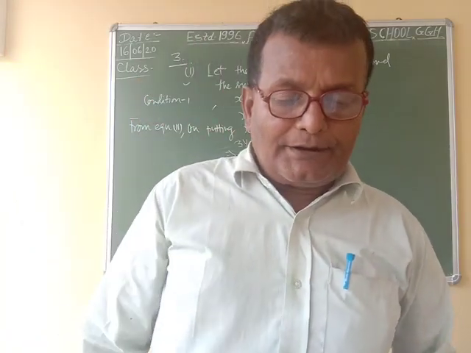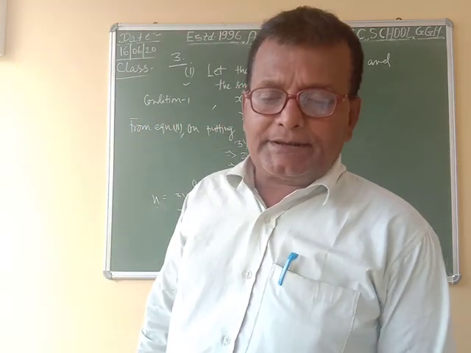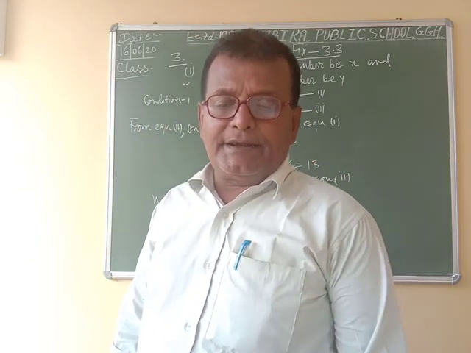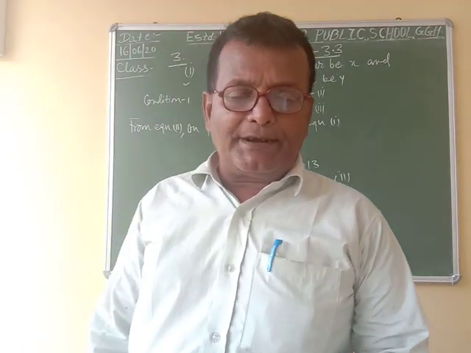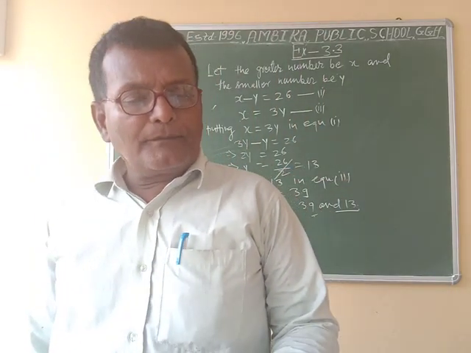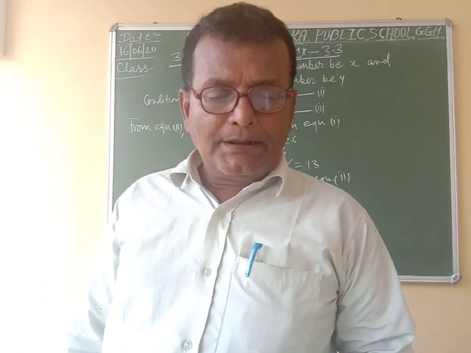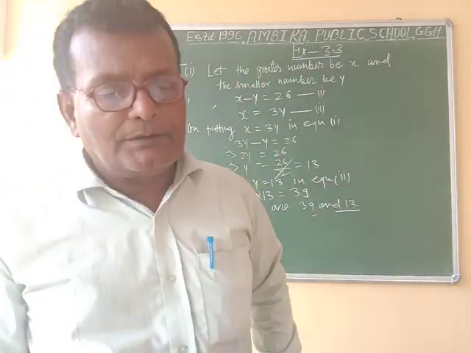Now the next question: the larger of two supplementary angles exceeds the smaller by 18 degrees. Find them. We are given two supplementary angles in which the larger angle exceeds the smaller angle by 18.